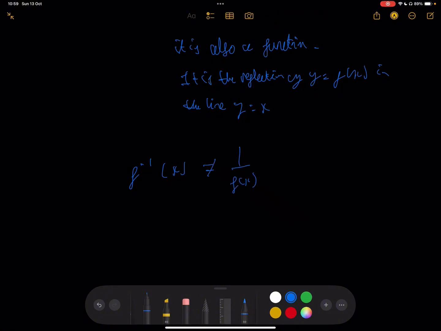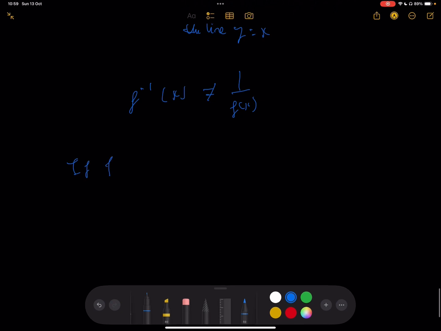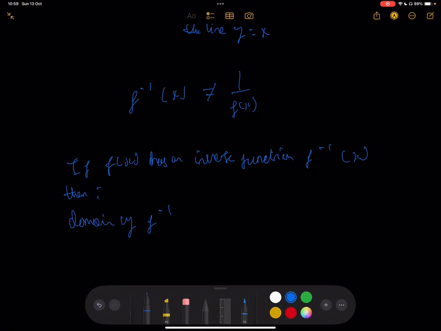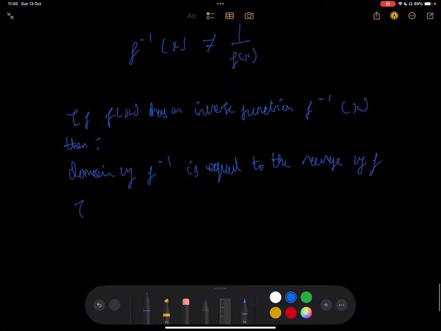f of x, okay? And so it can be stated that if f of x has an inverse function, which we denote as f minus 1 of x, then the domain of the inverse function of f is equal to the range of f, and the range of the inverse function, f minus 1, is equal to the domain of f.